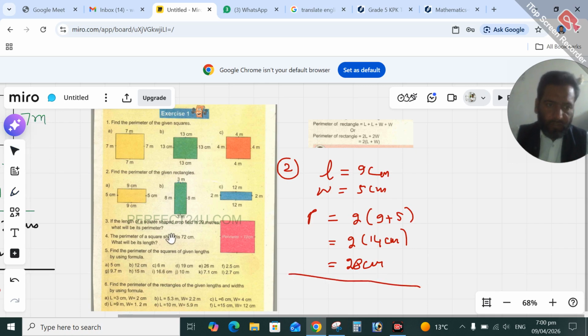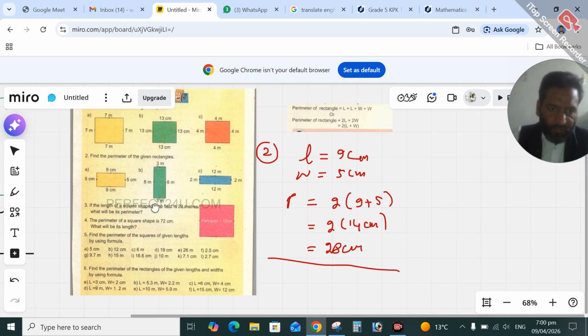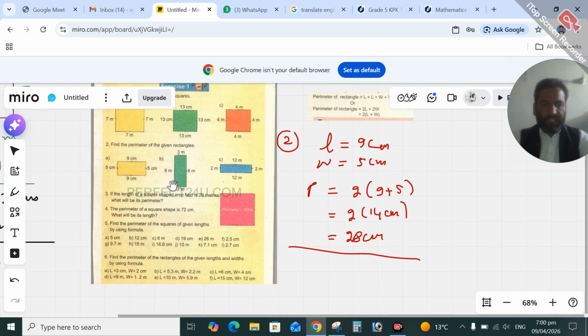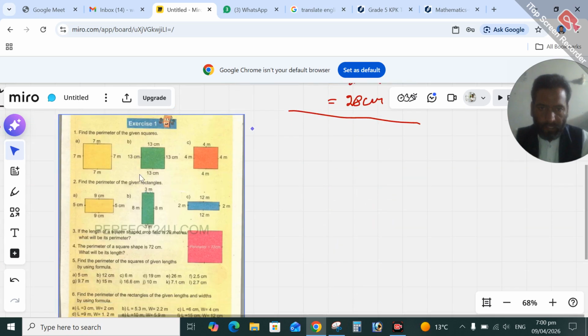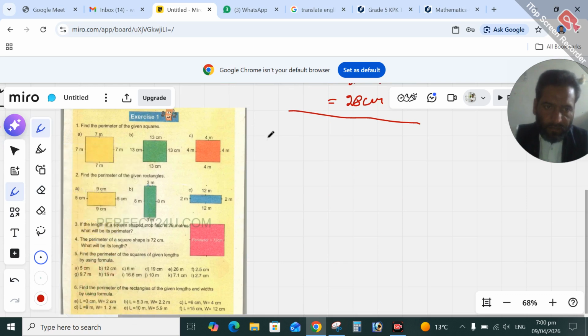Okay, now question number 2 and part number B, the length of the rectangular shape is 8 meter and the width of the rectangular shape is 3 meter. So what would be the formula of the perimeter of the given rectangle, right? So here, part number B, the length of the rectangular shape is 8 meter and the width is 3 meter.